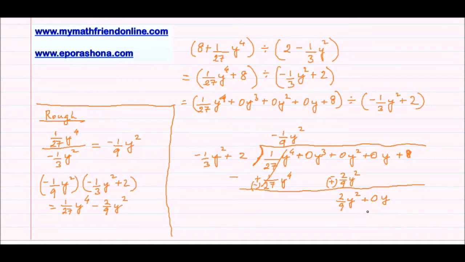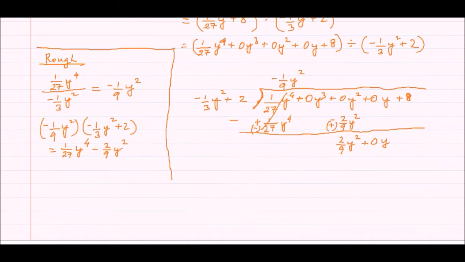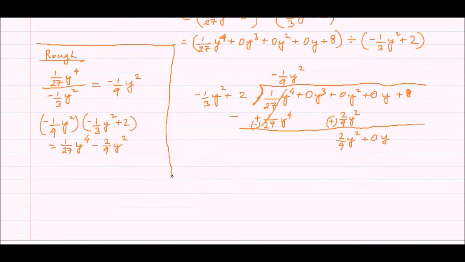If we bring down only 0 into y, that is the next term, and this becomes our new dividend, you see the first term of this dividend is 2 by 9 into y squared.